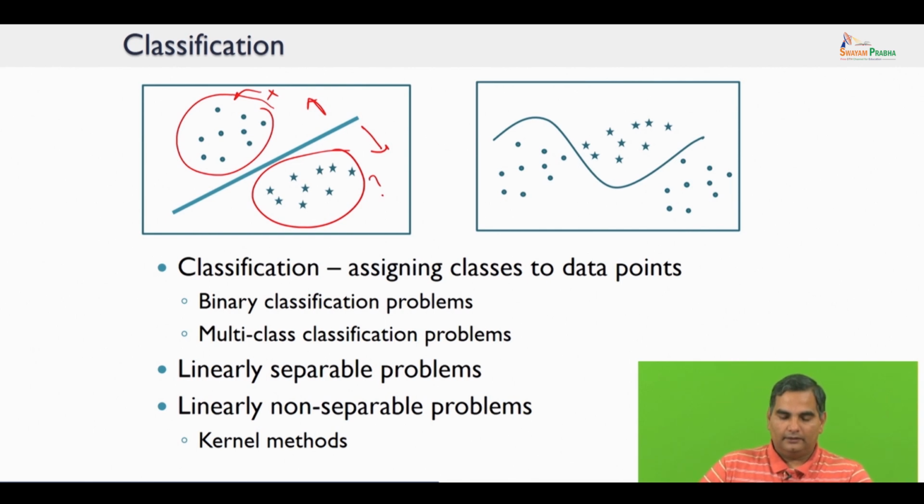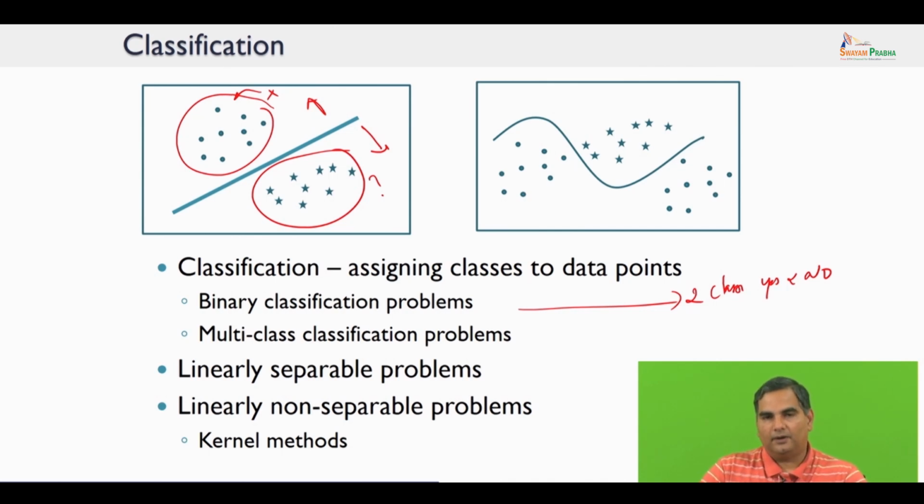Now we can think of 2 types of problems. The simpler type of classification problem is what is called the binary classification problem. Basically, binary classification problems are where there are 2 classes, yes and no. So examples are, for example, if you have data for a process or an equipment, you might want to simply classify this data as belonging to a normal behavior of the equipment or an abnormal behavior of the equipment.